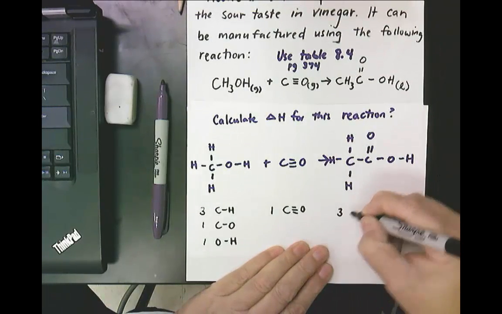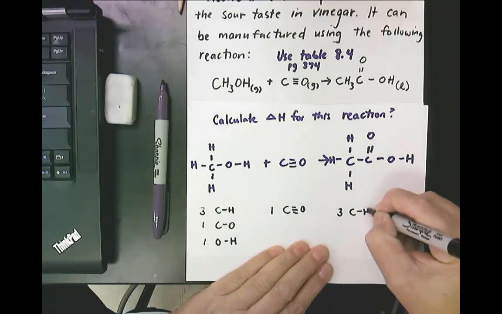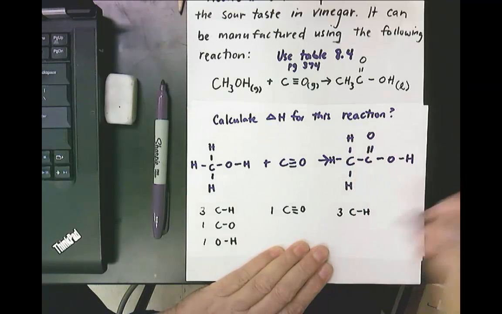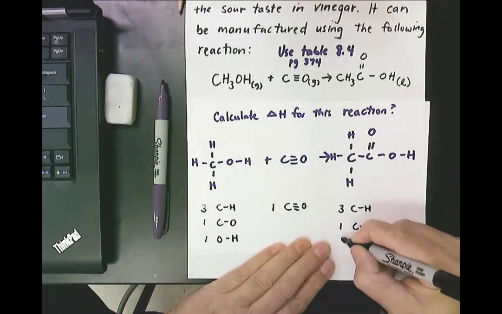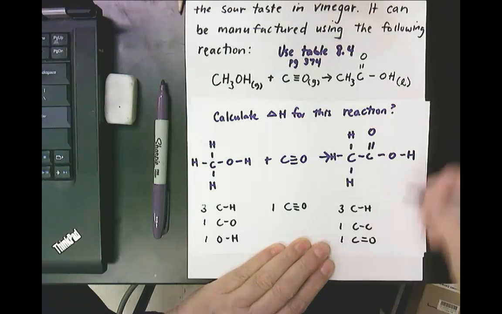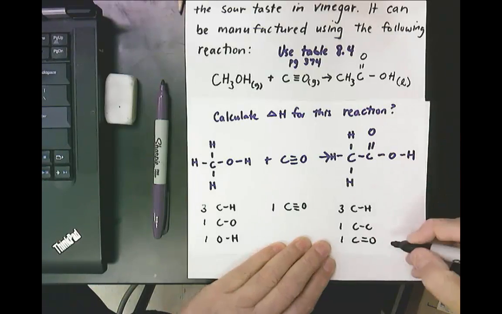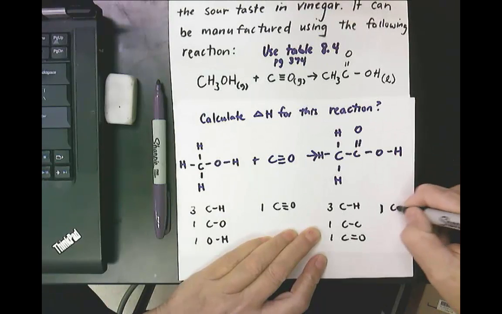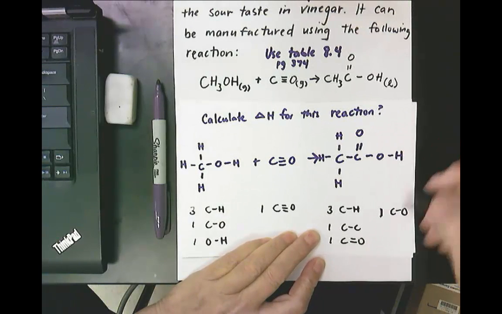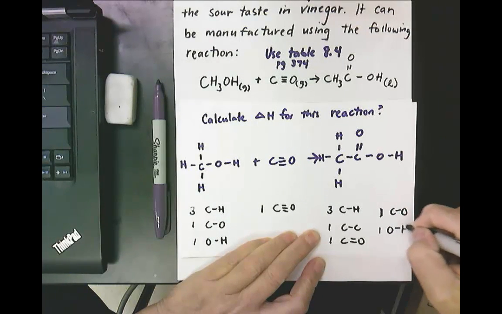Now there's 3 CH bonds again, 1, 2, 3. Then there's 1 CC bond. Then there's 1 C double bond O. Then there's 1 CO bond. And then there's 1 OH bond.